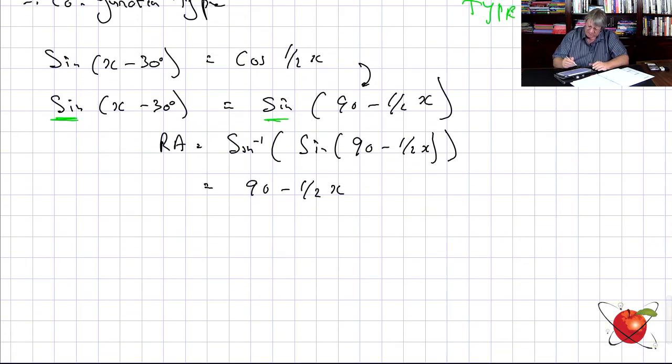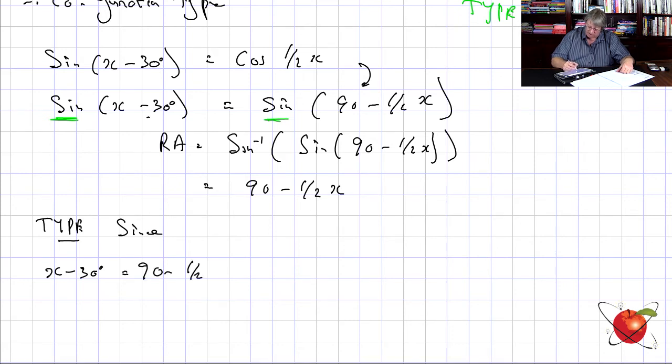Once I've got my reference angle, I can continue because I now choose type. Type is sine. Therefore, I say x minus 30 degrees, remember, is equal to 90 minus a half x plus 360k.